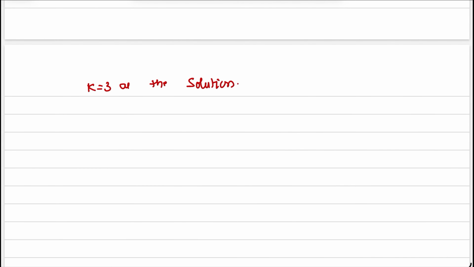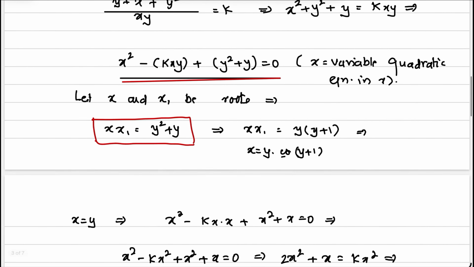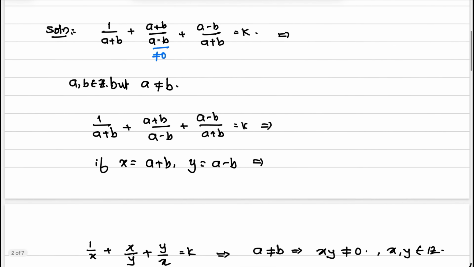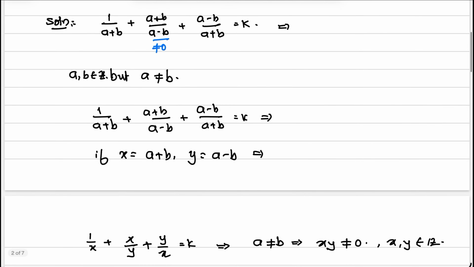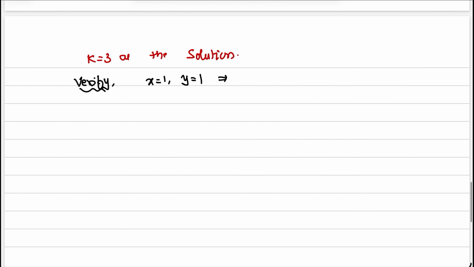Let us verify this solution. x is equal to 1, y is equal to 1 will yield what we have assumed previously for x and y. x is equal to a plus b. a plus b is equal to 1. a minus b is equal to 1.